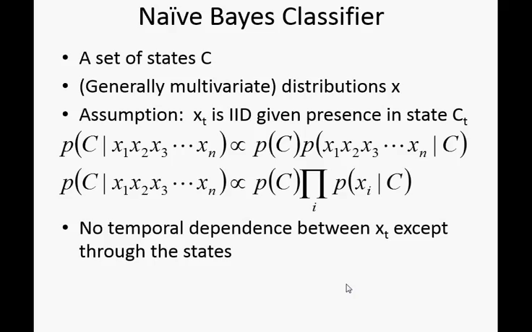So it's a set of states, and then we're going to have a set of observations, which we're going to denote by a vector x, which is going to have subcomponents x sub 1, x sub 2, x sub 3, corresponding to particular measurands, particular things we've measured.